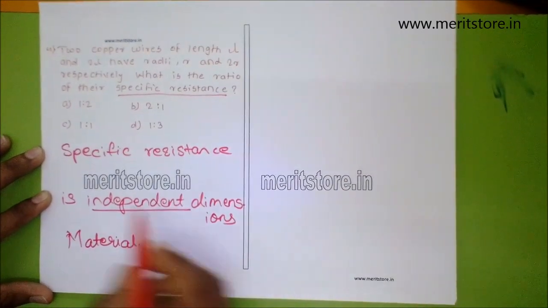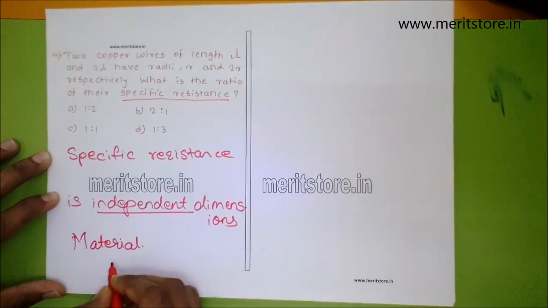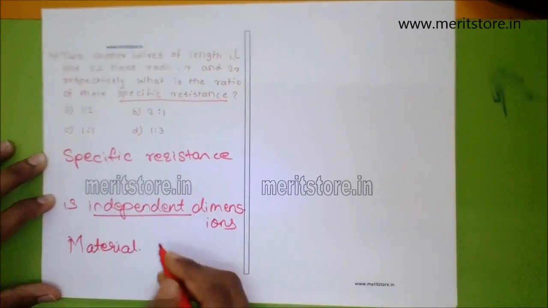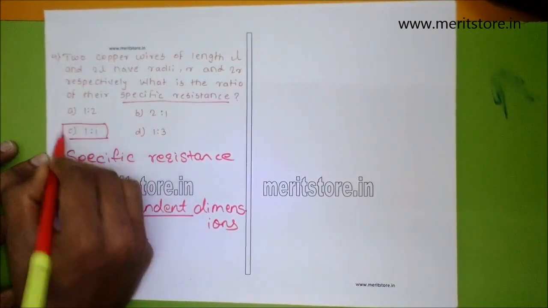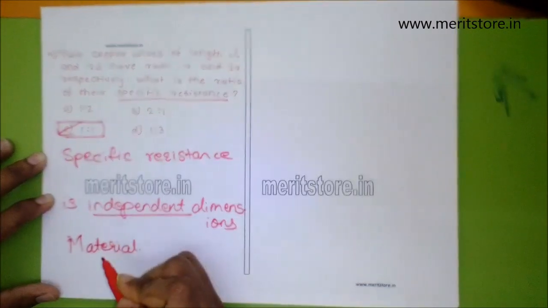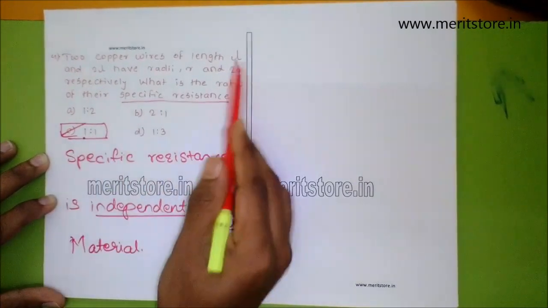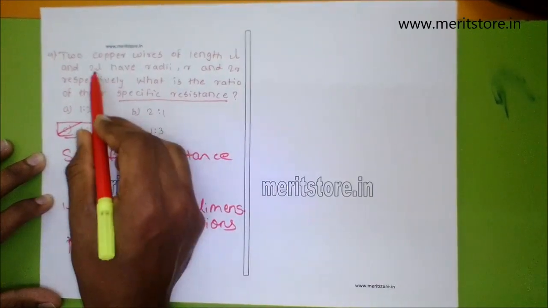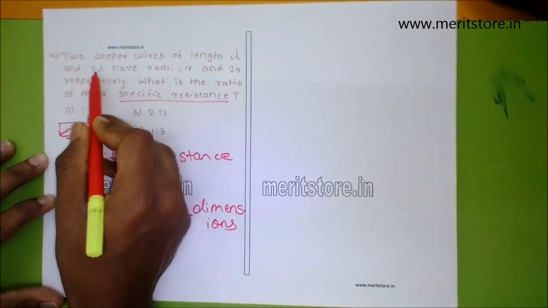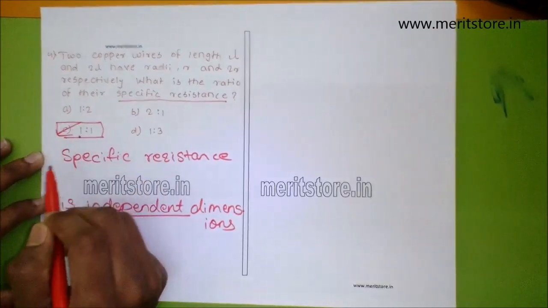So whatever you change the dimensions into, the specific resistance of the material would not change, and hence the answer would be C. There would be no change in the specific resistance, hence the initial specific resistance with L and R would be the same as the final specific resistance with 2L and 2R. Hence the answer is C.